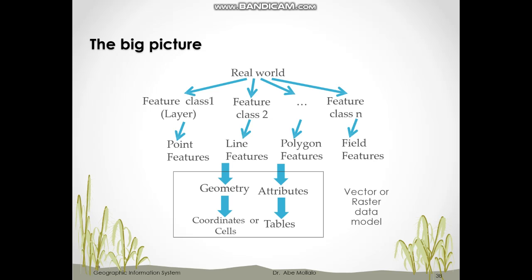So that's the major difference between the vector and raster data model. That's the whole process of how we translate the real world in our brain into the digital format, which can also be understood by computers. And in the following classes, we will talk about the coordinates and also attribute table.